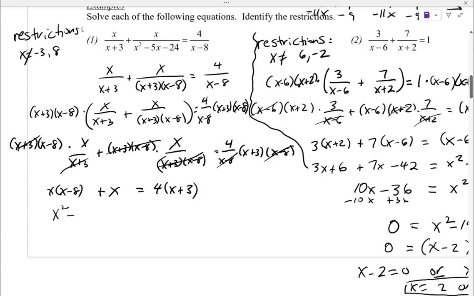Minus how many x's? 8, good. And then we still have the plus x. And on the right-hand side, we have... Good.